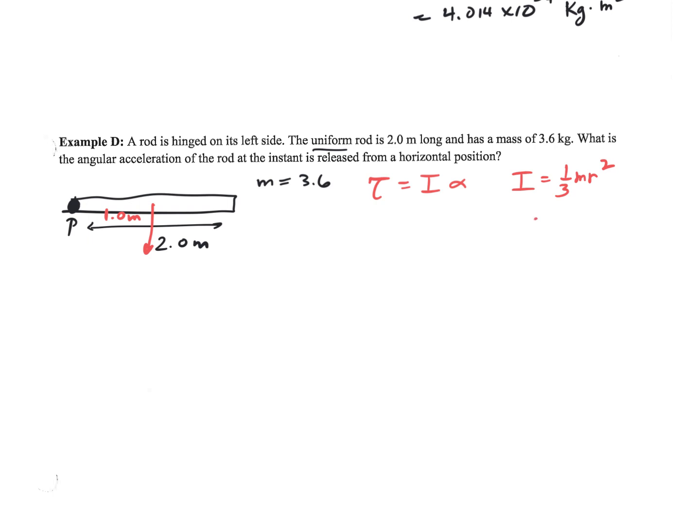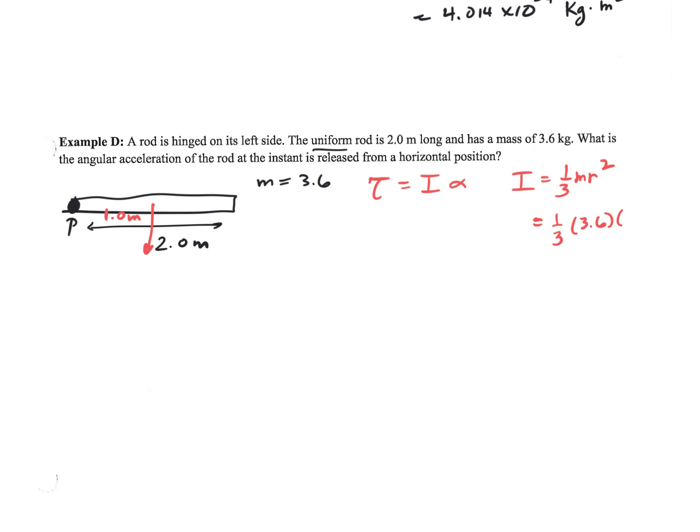So we're going to plug that in. 1/3, the mass is 3.6 kilograms, and R is what? R is 1 in this case because it's the distance. Oh, hang on a second, I take that back.